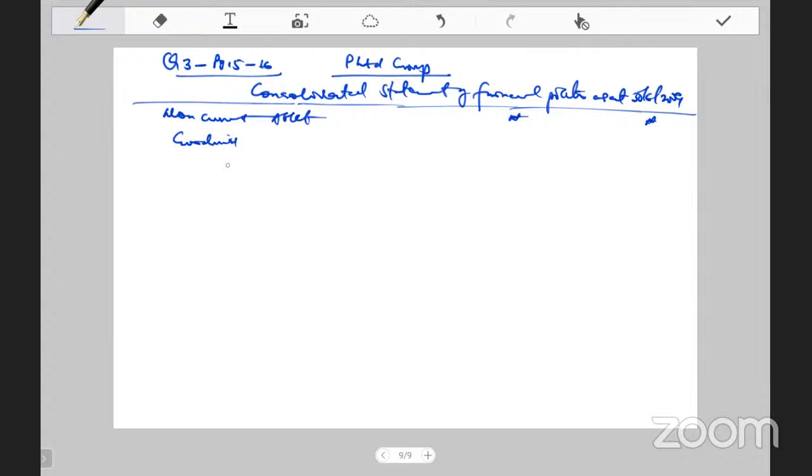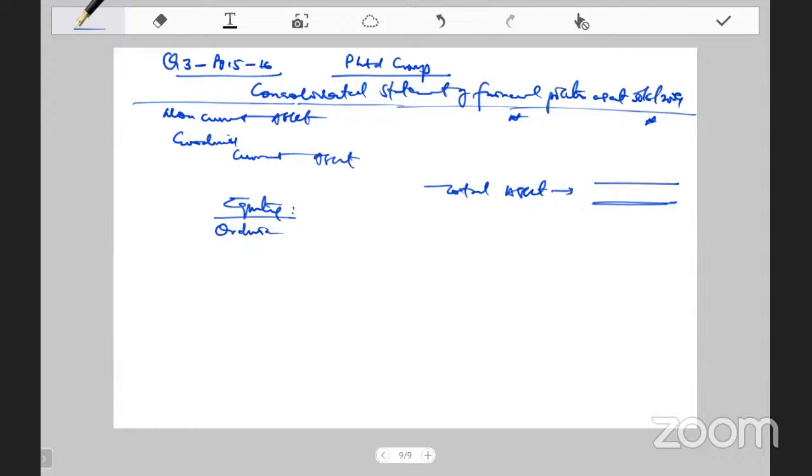Goodwill. After that, I now have my current assets. That gives me my total assets. After that, what do I have? I have my equity. At this point, I might have to rearrange, because I think the examiner is on drugs. So you put preference shares first.